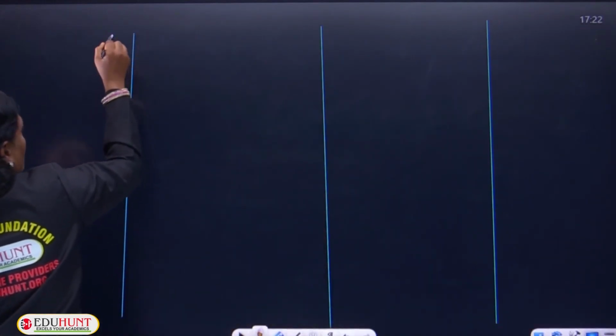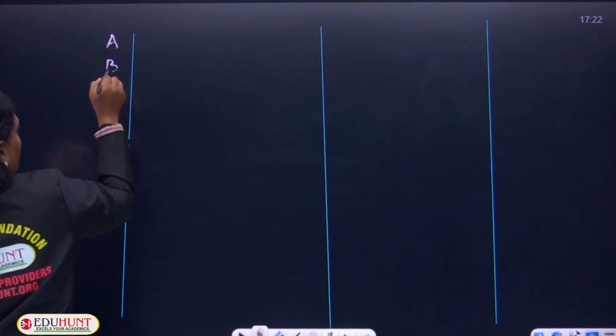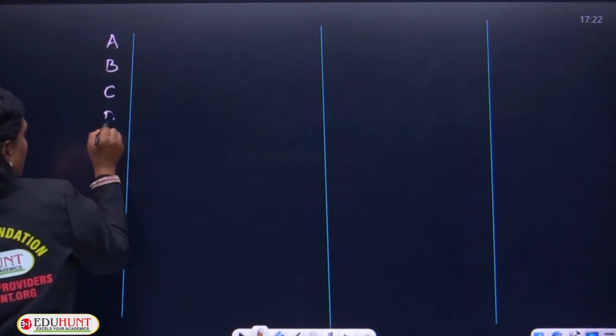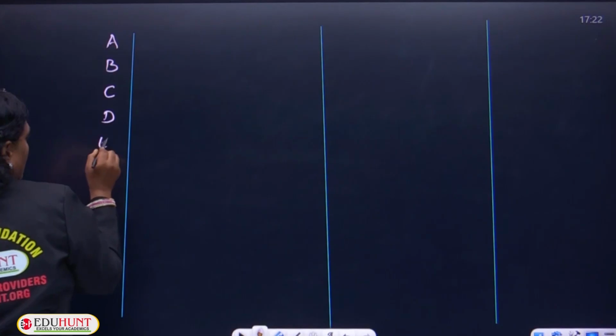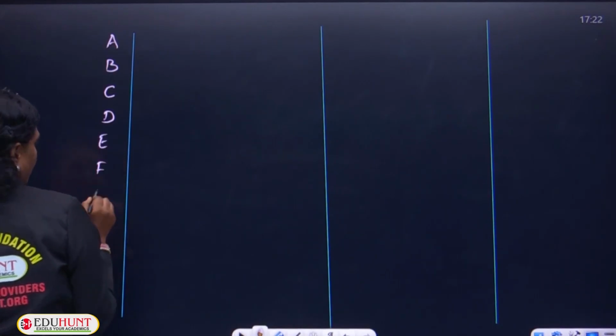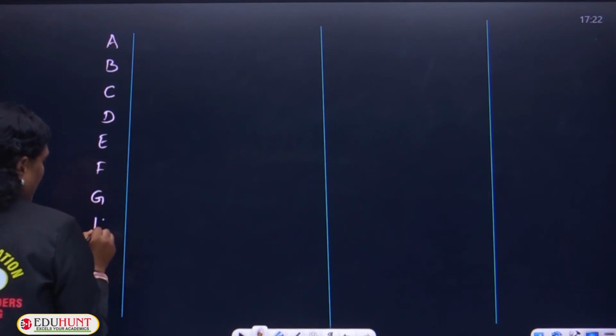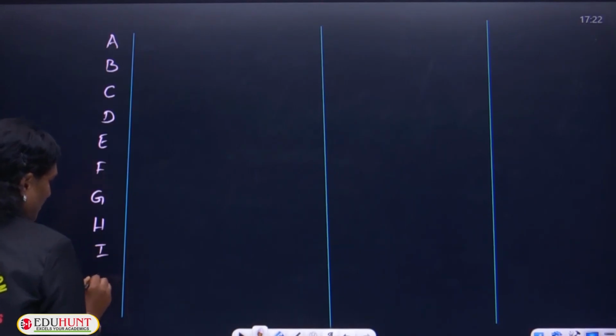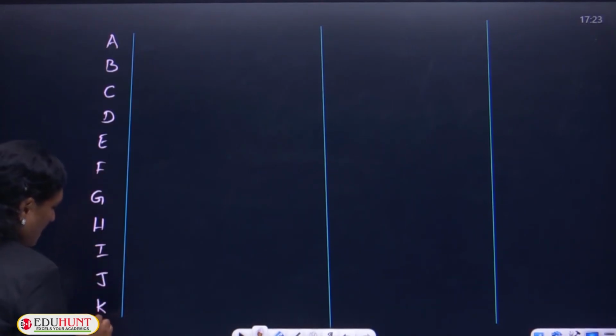This is the position of A, B, C, D, E, F, G, H, I, J, K and L respectively.